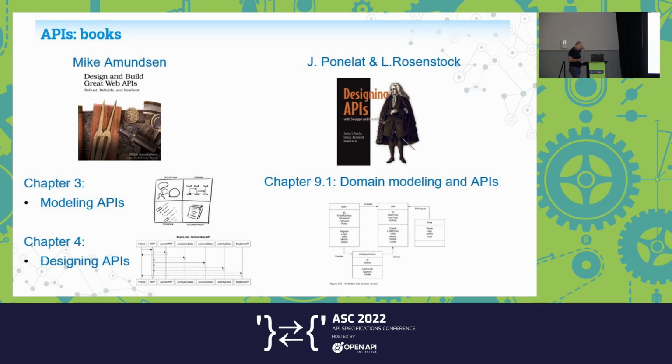I took from the API literature 2 books, but you can see in the law this is the same thing. Chapter 3, Mike Amundsen, a very well-known API evangelist, says we have to model the API. We have to design the API.